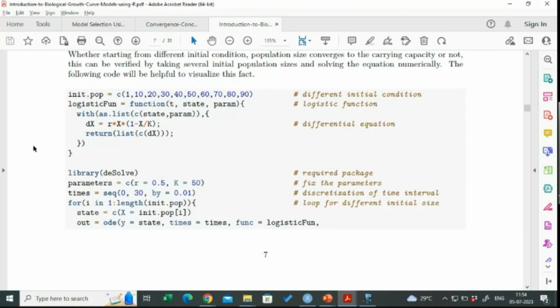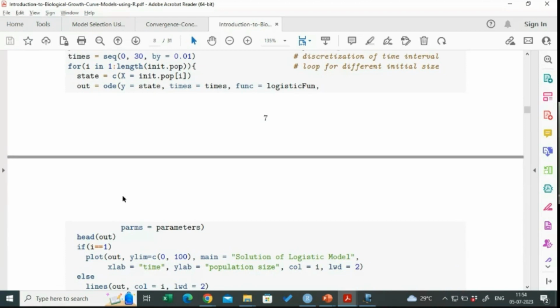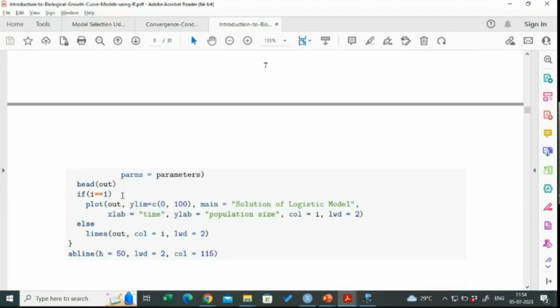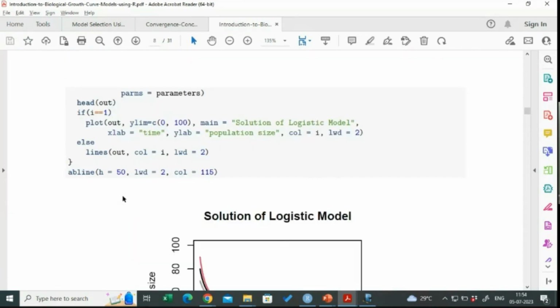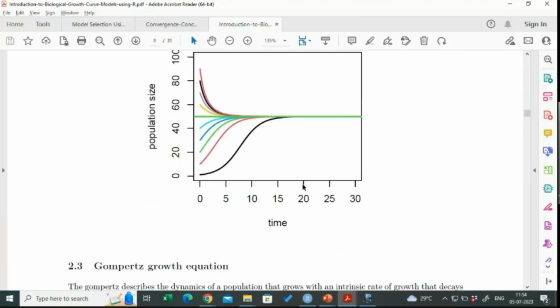For each of the initial population sizes, I am going to simulate this and plot it in a single plot. As you see, from wherever you start, they all are eventually going to settle down at the carrying capacity K.